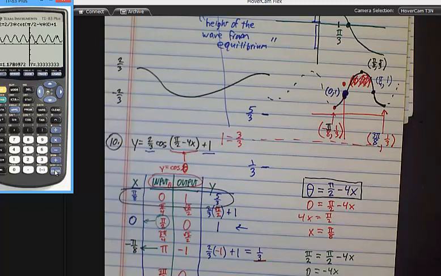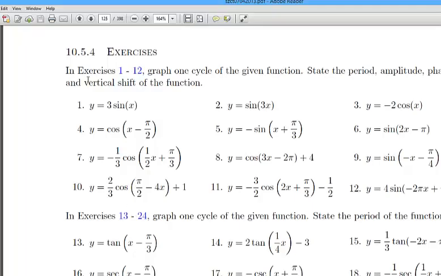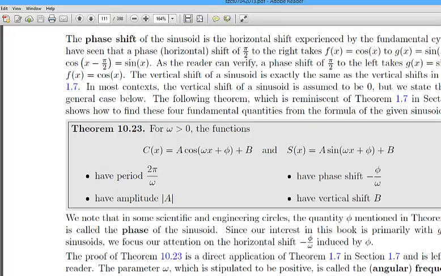Now, if you have your books, page 111 can be extremely helpful. So I'm going to go there now. Here's a picture on page 795, I guess, in the hard copy. And there's a theorem here that tells you how to graph what they call sinusoids. They're basically sines and cosines.